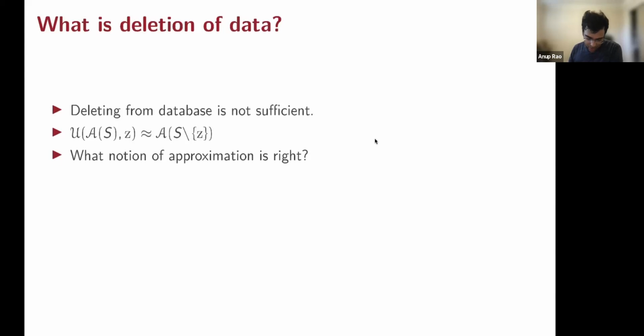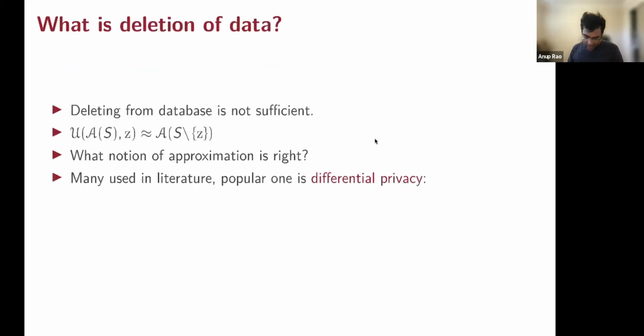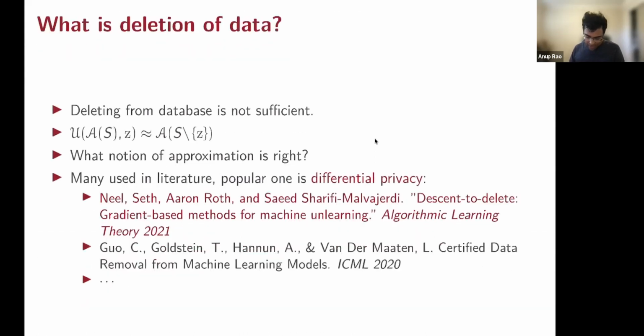So one question is, what notion of approximation should we use here? There are many used in the literature. A popular one is based on differential privacy, and these papers here have considered differential privacy as their notion for deletion.